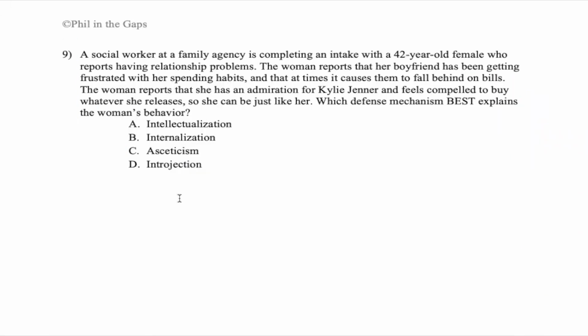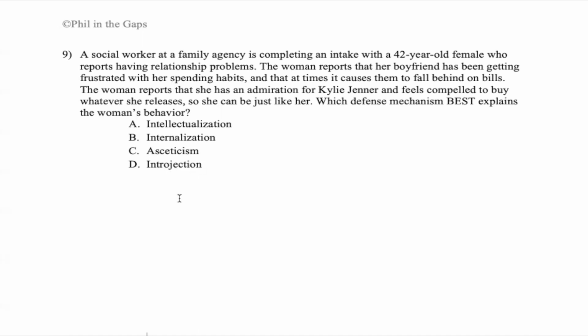Question 9. A social worker at a family agency is completing an intake with a 42-year-old female who reports having relationship problems. The woman reports that her boyfriend has been getting frustrated with her spending habits and that at times it causes them to fall behind on bills.